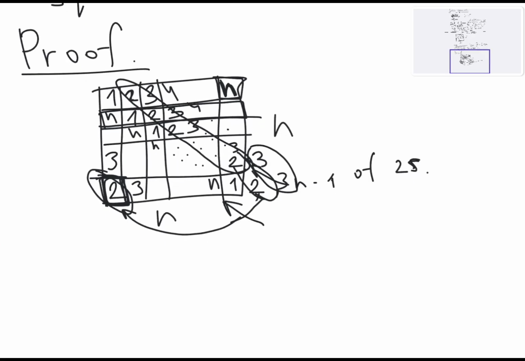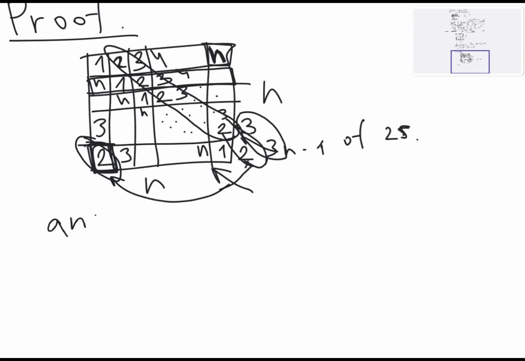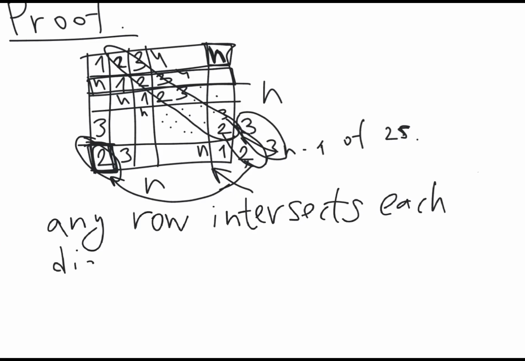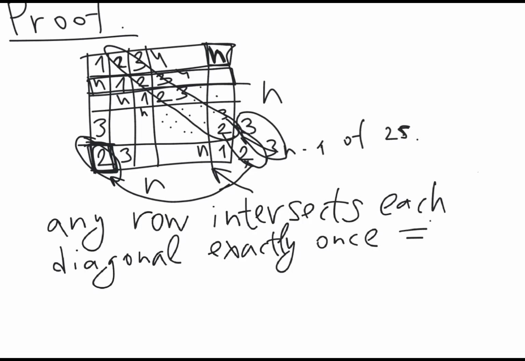So let's write this: every row intersects each diagonal exactly once.